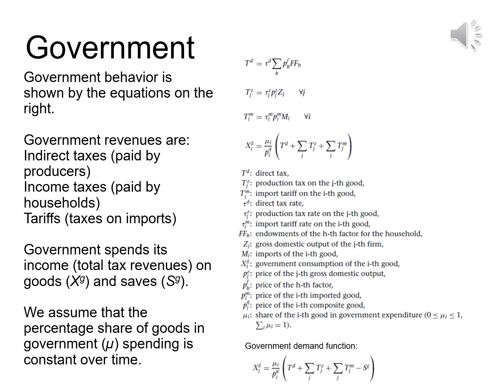Okay, so don't forget now SG, which is the government savings, is in brackets, but it is also multiplied by mu, which means government savings is also a constant share of total government income.